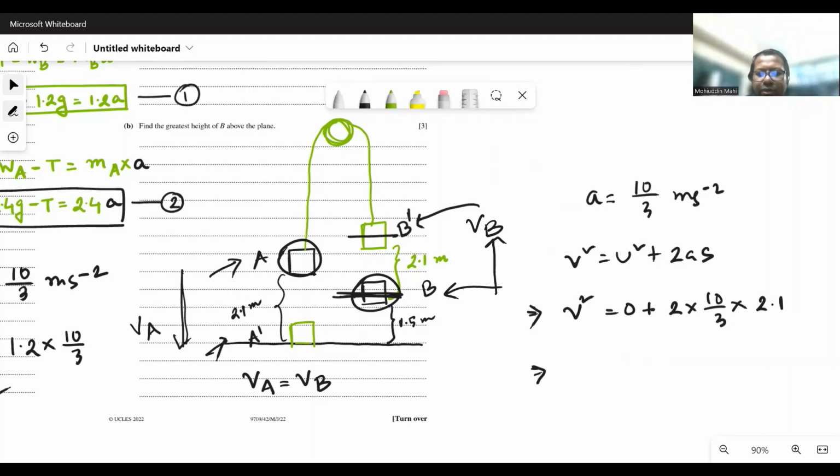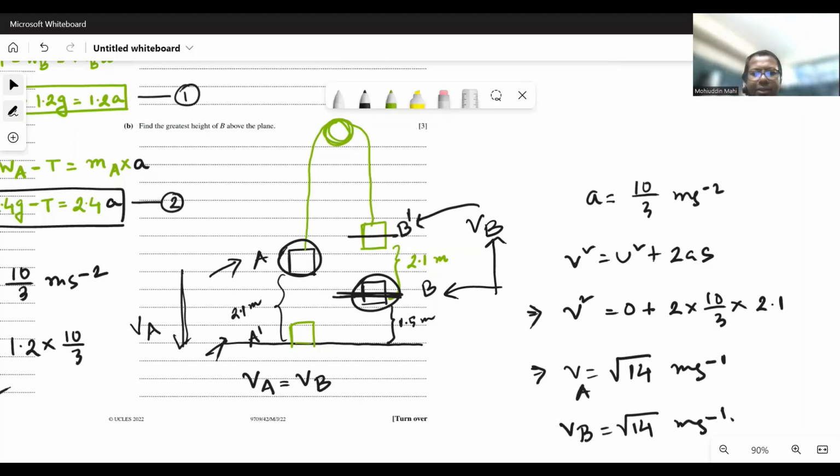So from here, the velocity is going to be root over 40 meter per second. So that's VA, and VB will also be root over 40 meter per second.